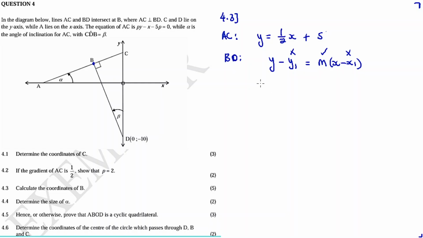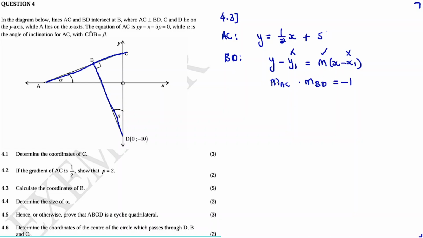We're going to use the property that the product of the gradients of perpendicular lines gives -1. The line BD is perpendicular to line AC.